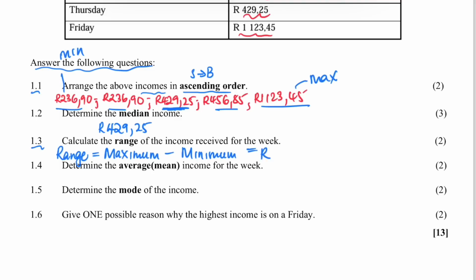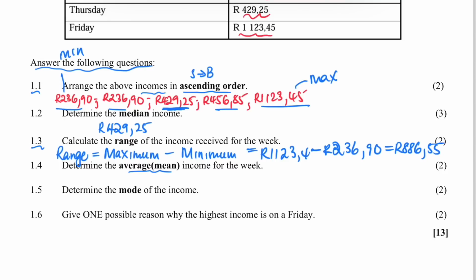So the maximum value, which is 1,123.45, minus 236.90. If you punch that in the calculator, the answer is 886.55, right? Guys, remember to write the rands. We are dealing with money here.